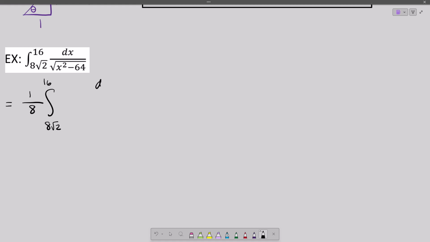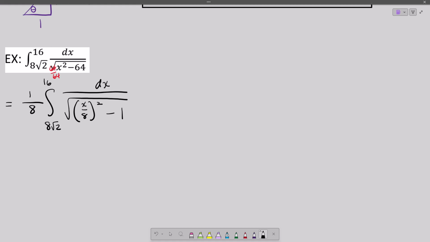And then we have dx in the numerator. Down here, we're going to end up with the square root. There is no 64 with this x squared, so we can think about multiplying by 64 over 64. And that's going to leave us with x divided by 8 quantity squared minus 1. So now we have a difference of squares with a trailing 1.